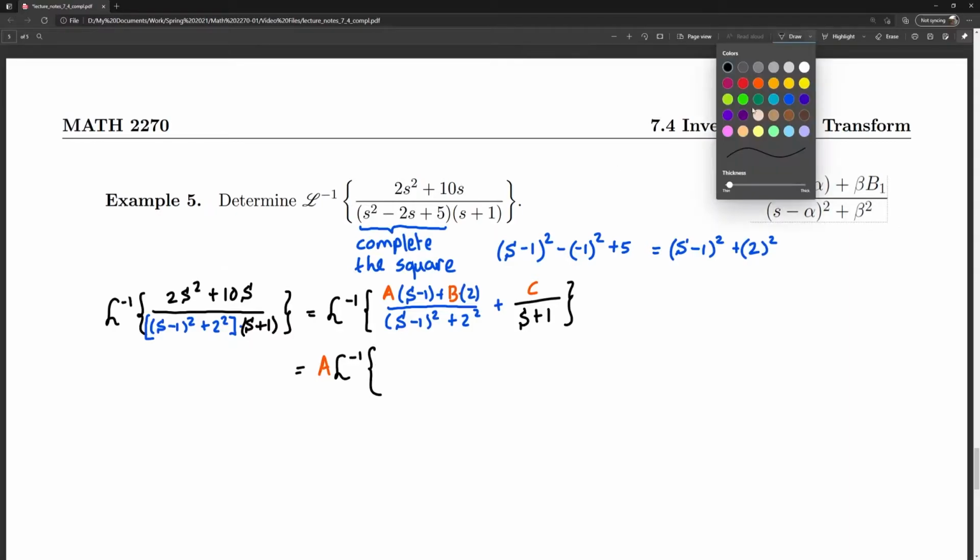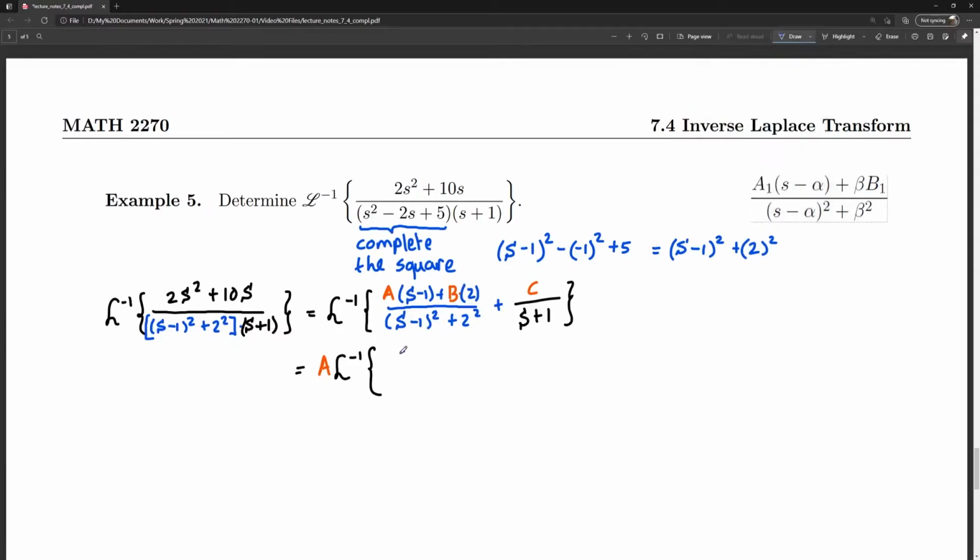of s minus 1 over s minus 1 squared plus 2 squared.